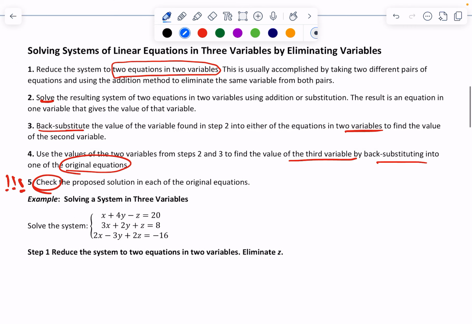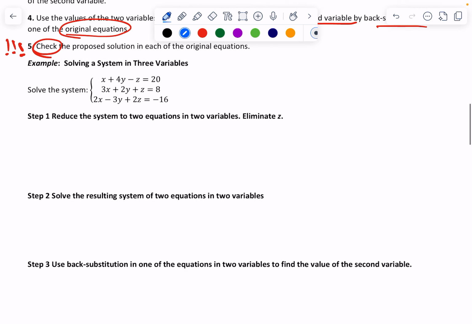Okay, so let's go ahead and look at our system in three variables here. So our first step is to reduce the system to two equations in two variables. When we're looking at this now, the easiest thing is to eliminate z, because we have a minus z and a plus z here.